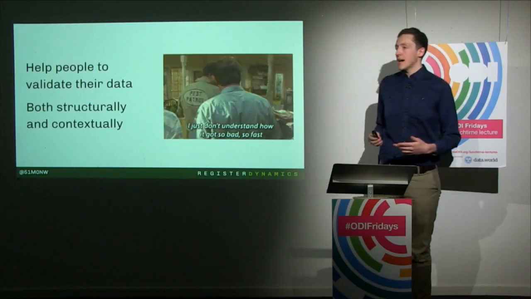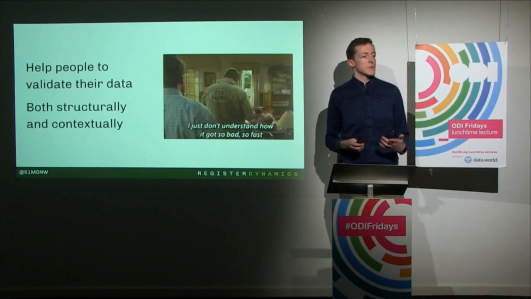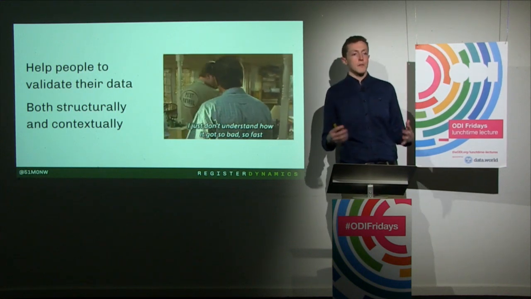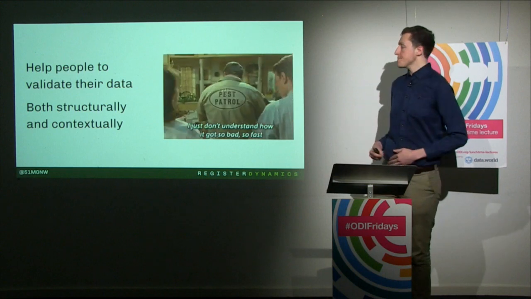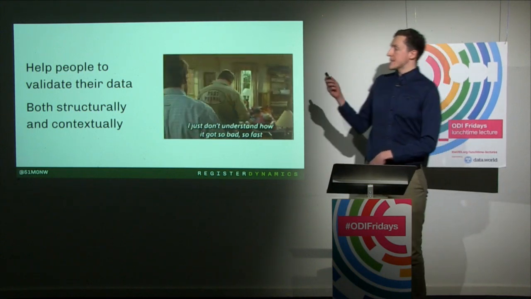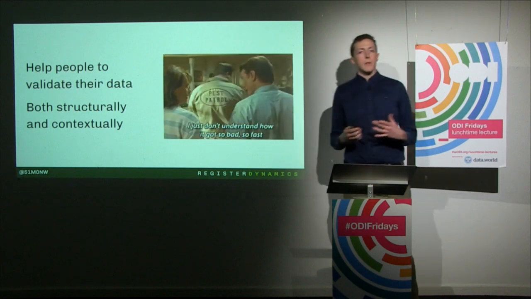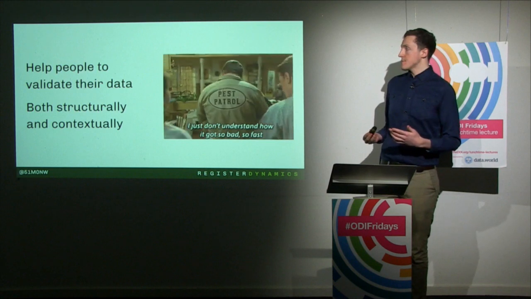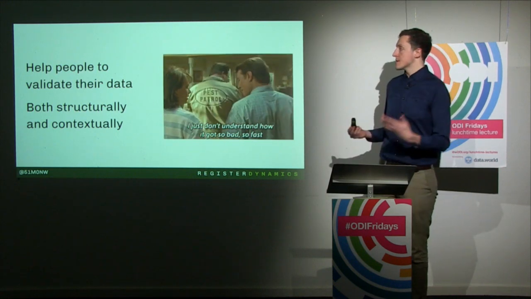One is fixing the quality problems with each individual data set. The other is making those data sets link together. It's about fixing the quality problems, but also helping them understand what use they can actually make of the data.